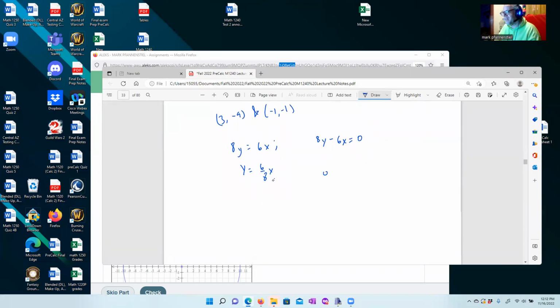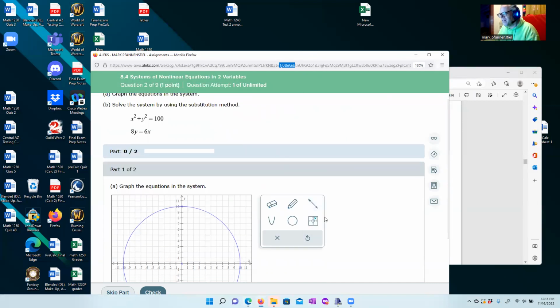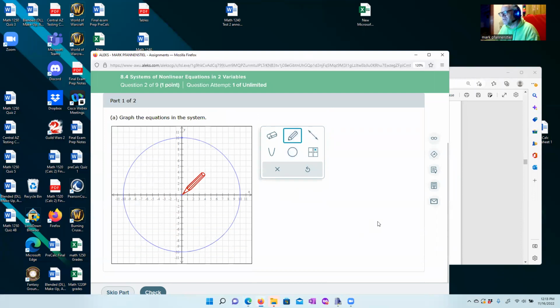So clearly 0, 0 is a point. We can go ahead and cast out a 2 here, so y is equal to 3 over 4x. Pick any other points you'd like. I'll pick x equals 4. When x equals 4, y is going to be 3. So let's go ahead and make our little points here.